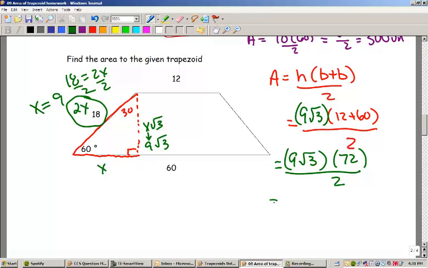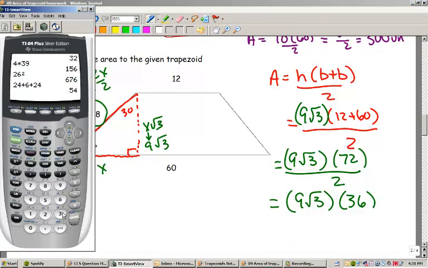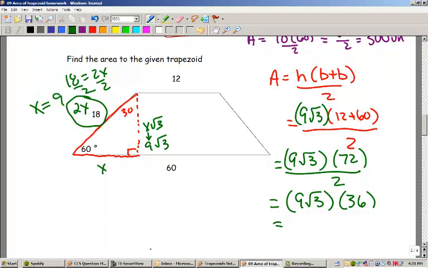And then the 72 and the 2 reduce down, and I got 9 root 3 times 36. And then, to get an exact answer, I can take the 36 and 9 and multiply them together, and I get 324 square root 3 units squared.